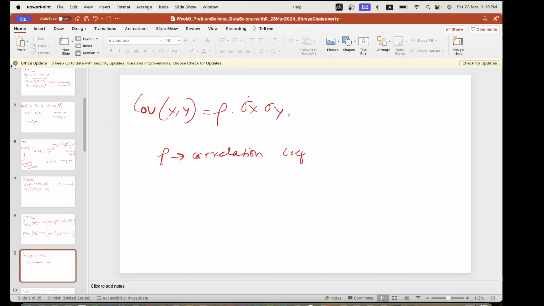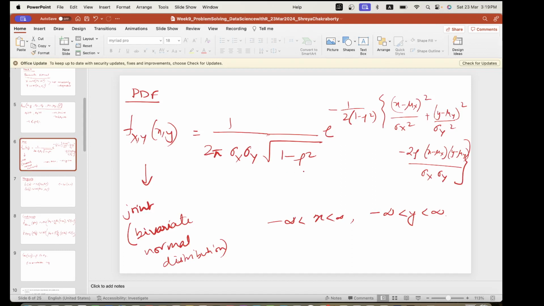Alright, now if I can see here, if rho is 0, then we can split it into two parts. This part will become 1 and this will also become 1, and this cross product term will vanish. Then if we rearrange, we can rewrite it as f of x, y equal to f of x and f of y.